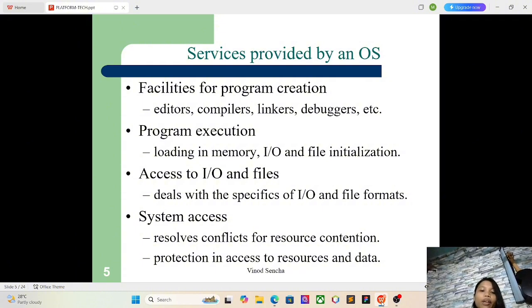Access to I/O and files deals with the specifics of I/O and file formats. System access resolves conflicts for resource contention and protection in access to resources and data. It also implements user authentication, data encryption, and secure file systems.